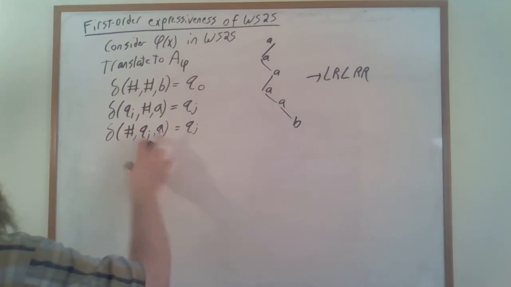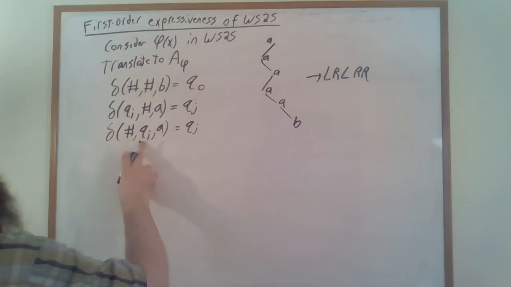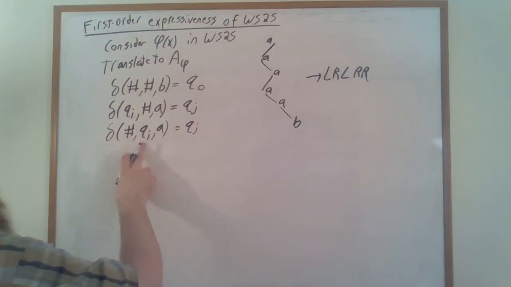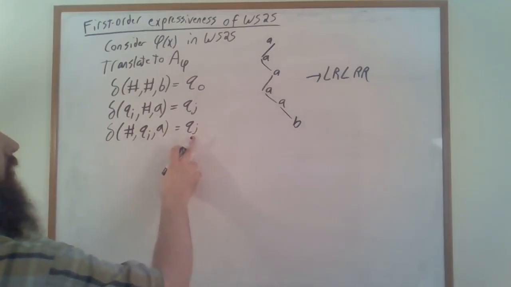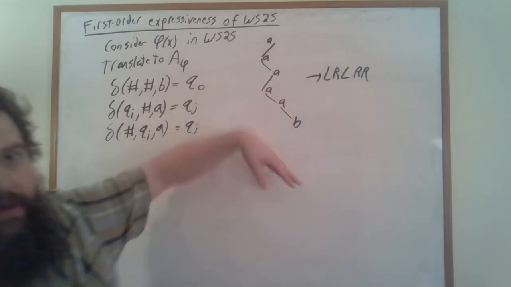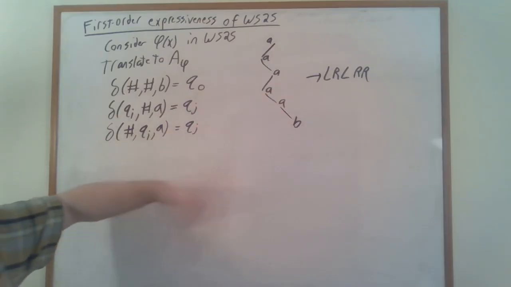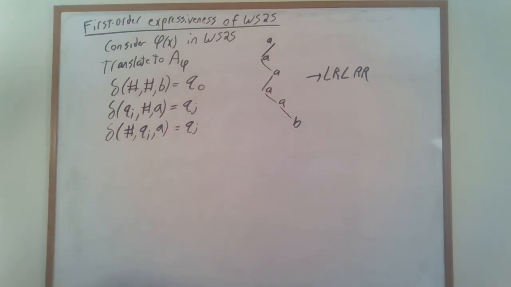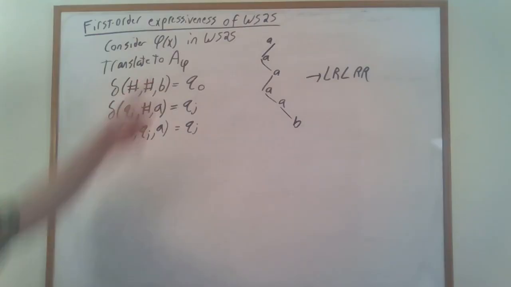Nodes labeled A that don't have a left child but do have a right child that gets some state associated to it. What state do we associate to that node? And this is it. These are the only types of transitions that A sub phi could possibly have when we get rid of all of the transitions that can't show up in accepted words, the transitions we don't care about. So let's actually look at a specific example of a possible A sub phi.